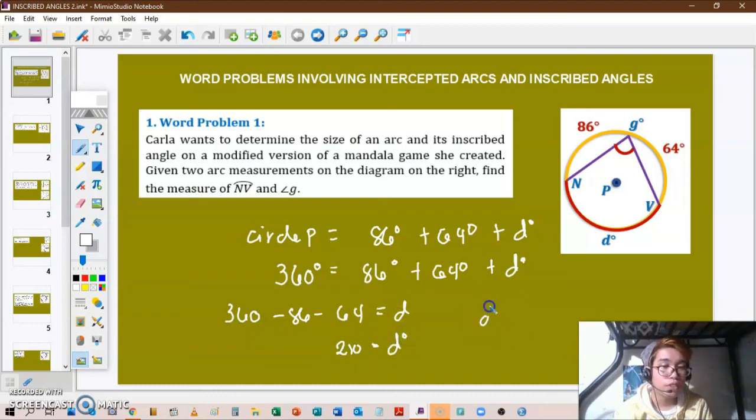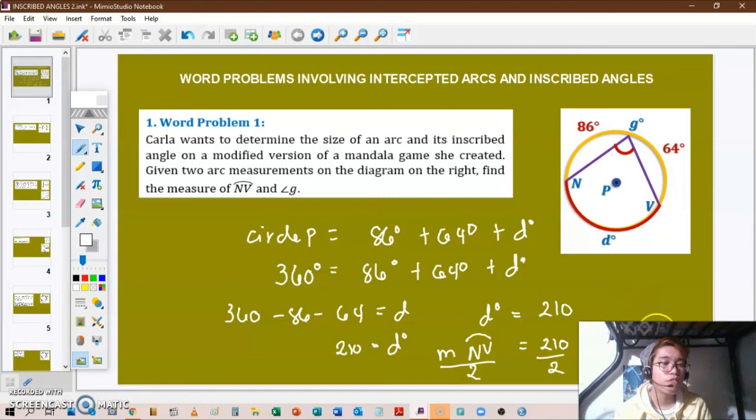If D measures 210 degrees, this is arc NV, so the measurement of arc NV is equal to 210. To get the measurement of angle G, we simply divide the measurement of arc NV by 2. 210 divided by 2 gives you 105 degrees.